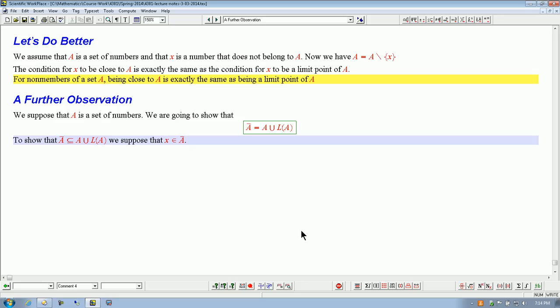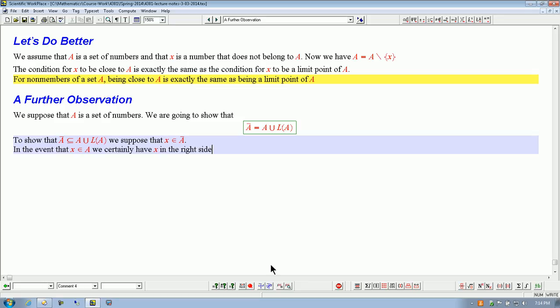There are two cases. In the event that X belongs to A, we certainly have X in the right side. Isn't that right? If X belongs to A, it belongs to the union of A with something. So we are done.